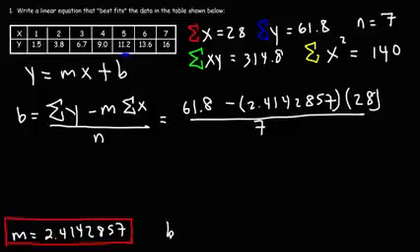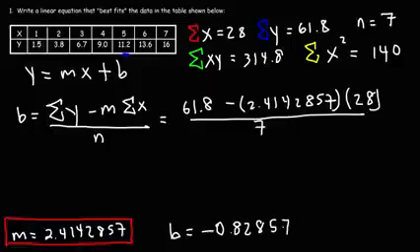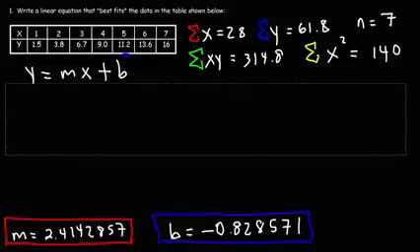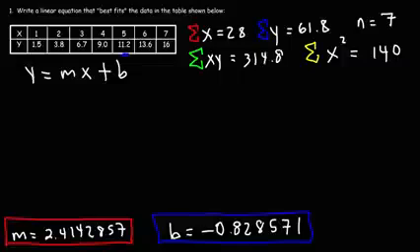This will give you a b value of negative 0.828571. All right, so now let's get rid of this, and we no longer need this information.